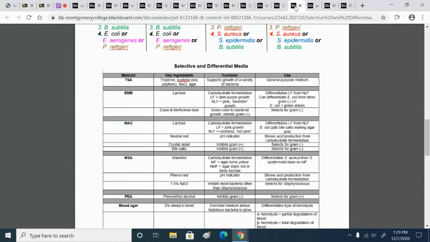So we can differentiate Staph aureus from Staph epidermidis or most other types of staph because Staph aureus ferments the mannitol. And the PEA plate, the phenyl ethyl alcohol, inhibits gram-negatives and selects for gram-positives. So it's the only one that's selective only and allows the gram-positives to grow.